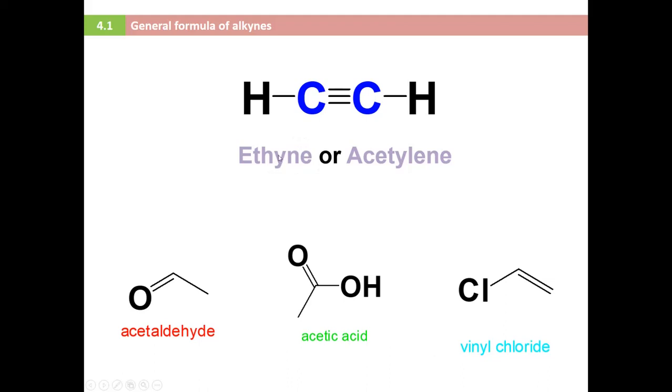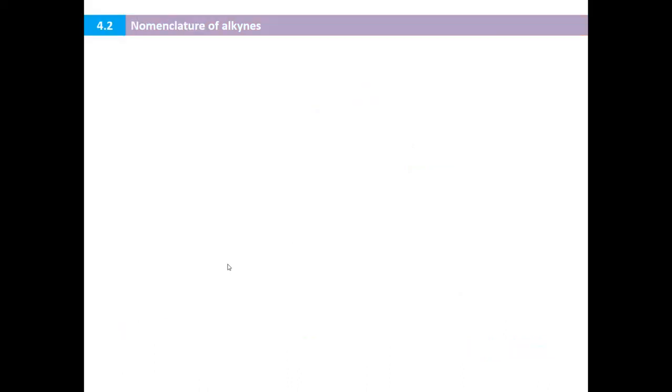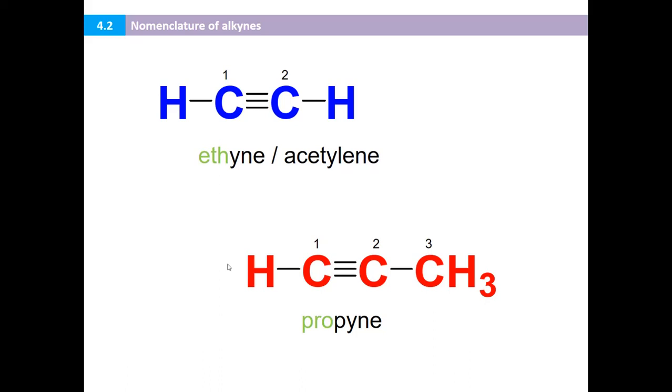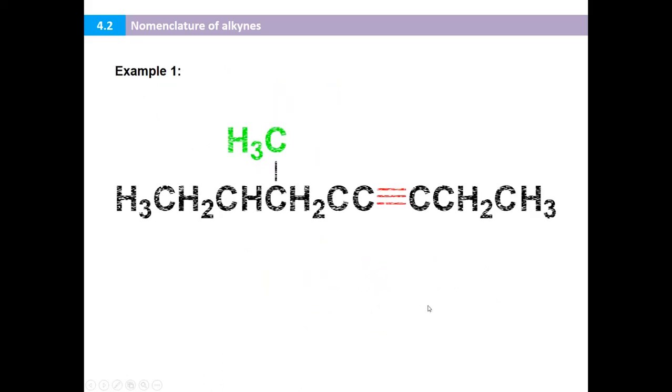You just substitute the A and E of ethane with Y and E. It will be ethyne. Or this is the common name for ethyne, which is acetylene. So here is ethyne, and here, 1, 2, 3, is propyne.